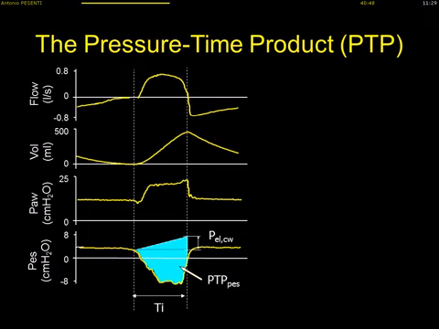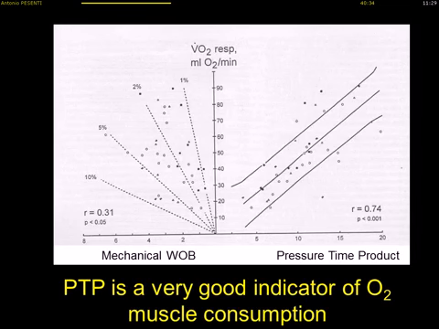It's not the physical definition of work, because you should be integrating it over volume. But if you integrate it over time, you get a much closer estimate of how much energy the patient is using.